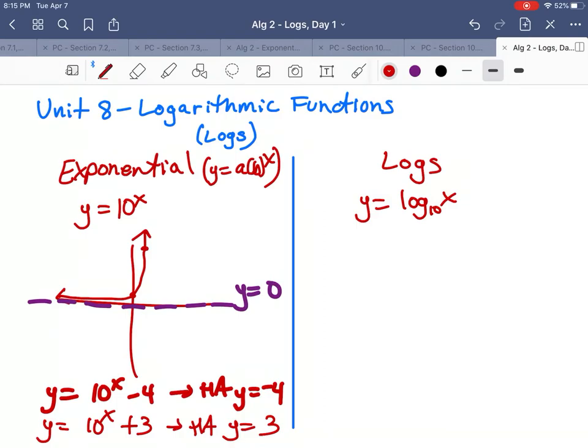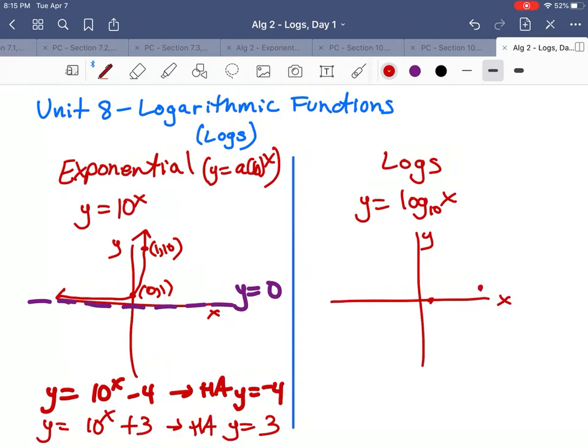Now a log function. Logs and exponents are inverses of each other. Remember that inverse is when everything switches places, like x's and y's switch places. This point was 0, 1, and this one up here was 1, 10. I'm going to switch that around. So 0, 1 becomes 1, 0, and 1, 10 becomes 10, 1, so maybe about there.